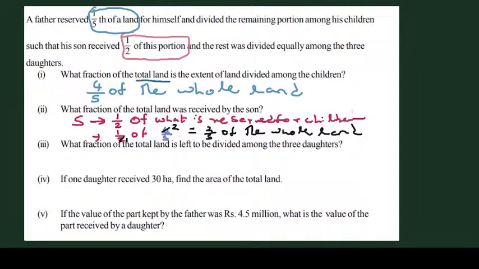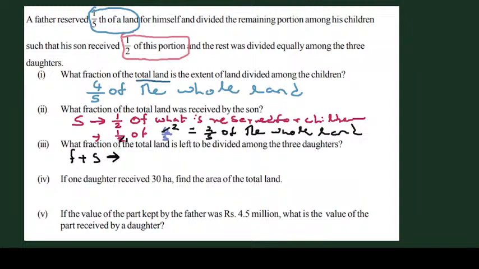Right. Roman 3. What fraction of the total land is left to be divided among the three daughters? The daughters would get after reserving for the father and the son. So first we have to find out what fraction of the whole land is for father plus son.